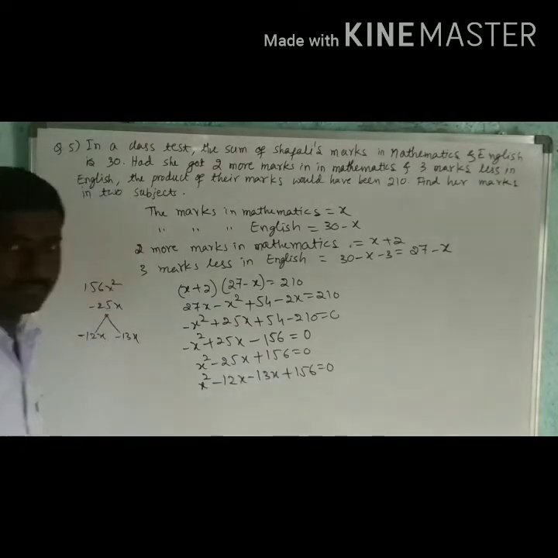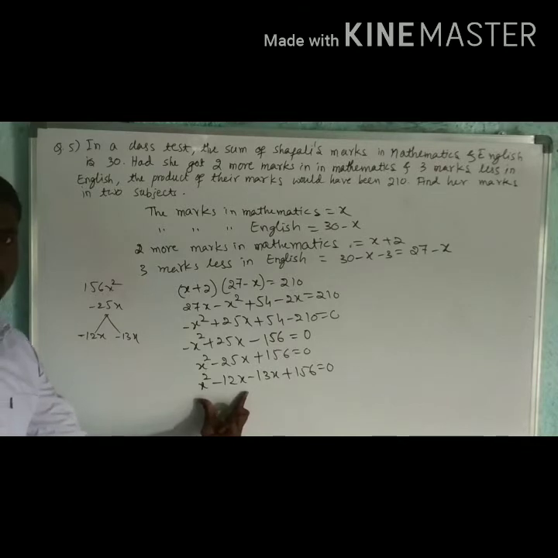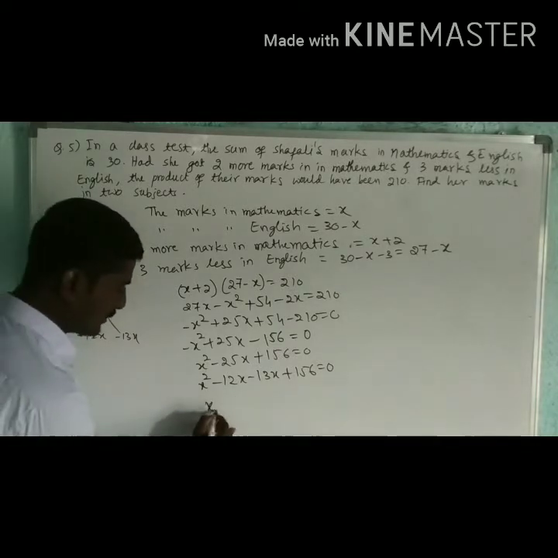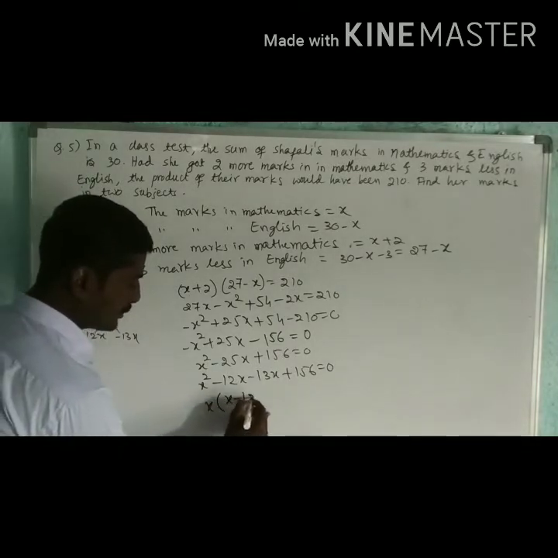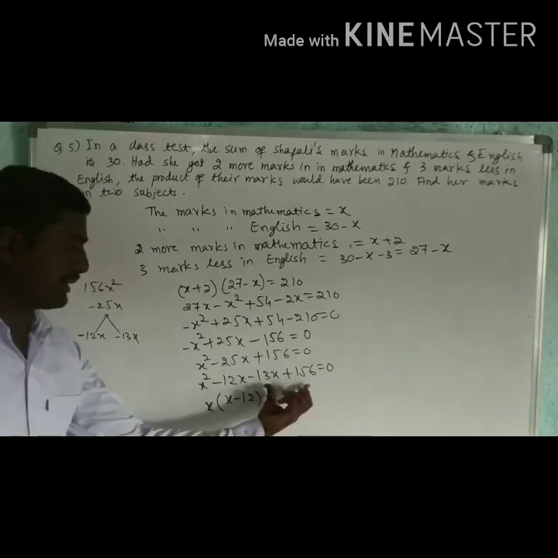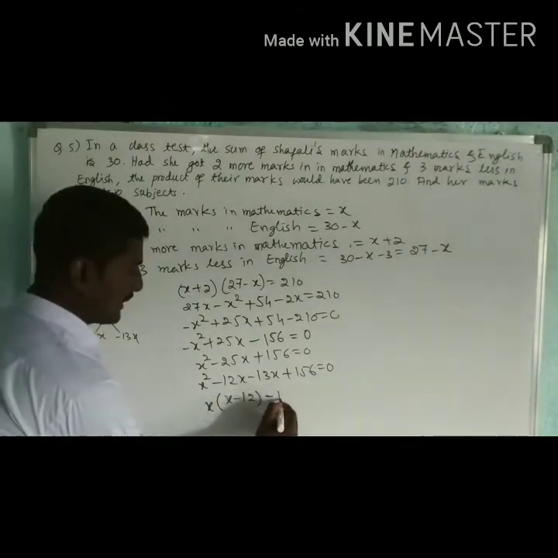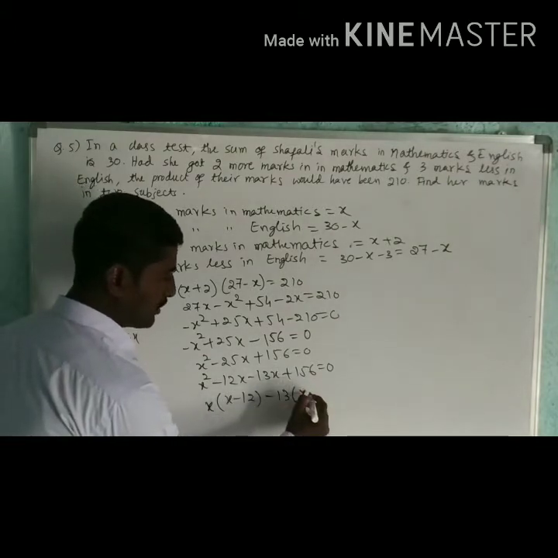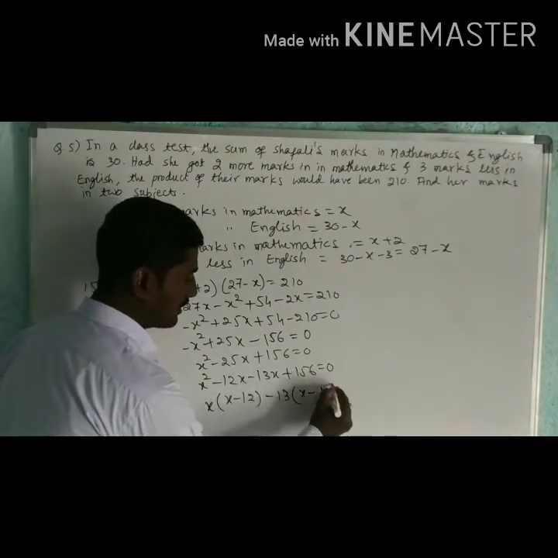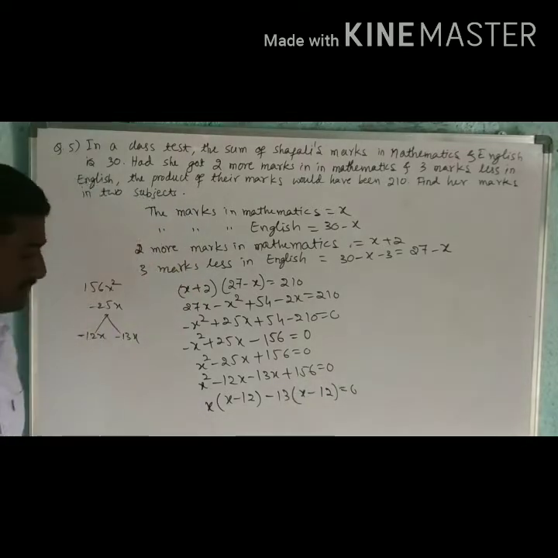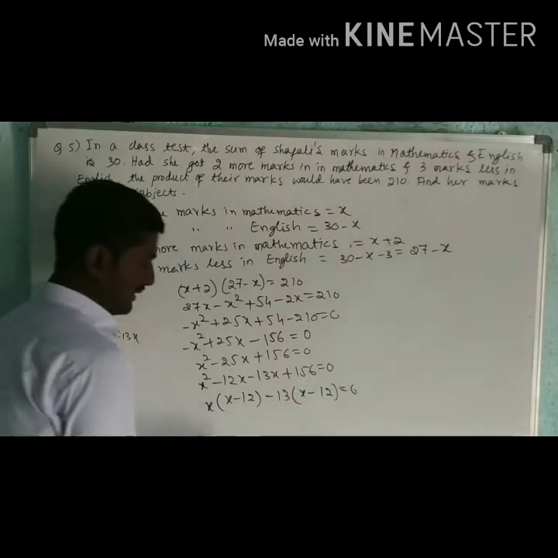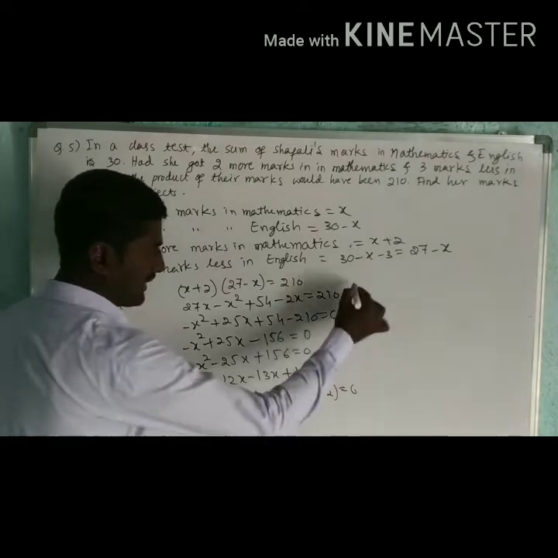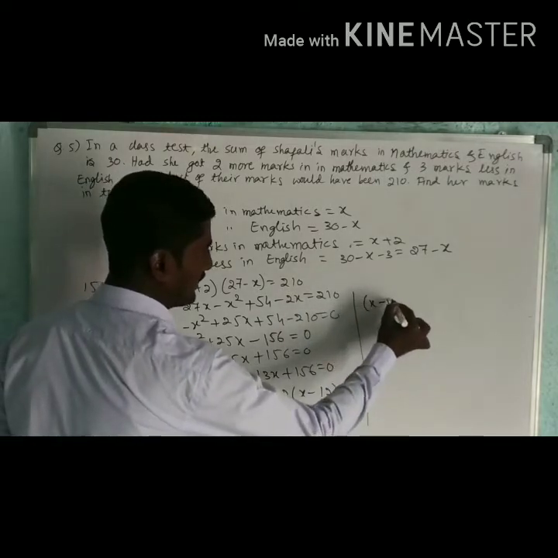Now in this one I will take x common, so x minus 12. In this I will take minus 13 common. Minus 13 taken outside, so inside will be x minus 12. Now this is equal to 0. Now x minus 12 taken outside.